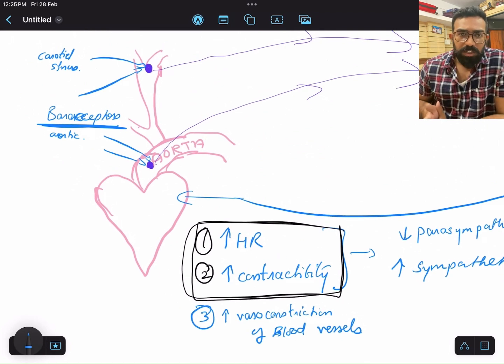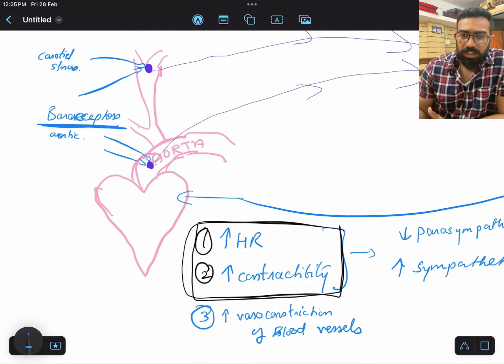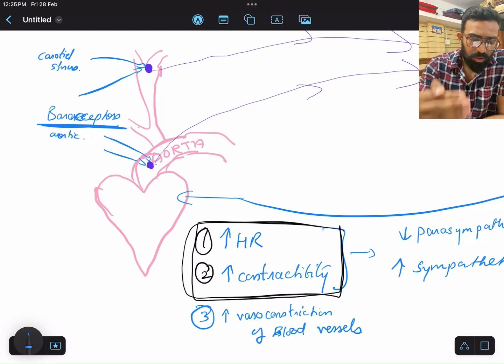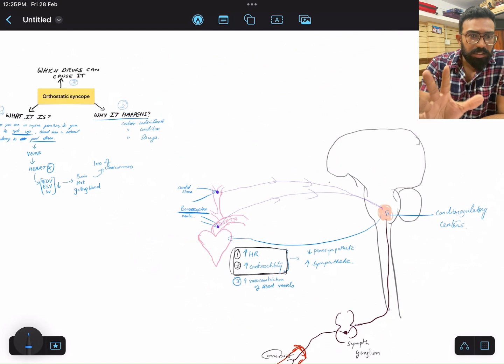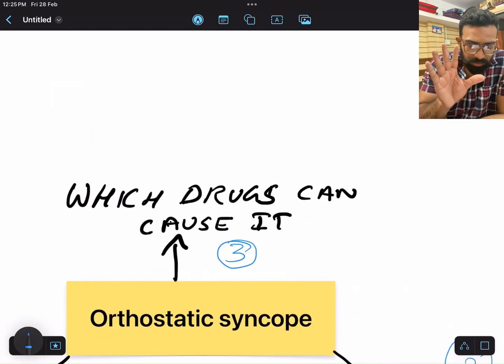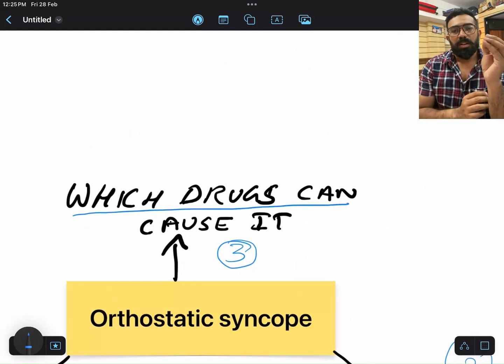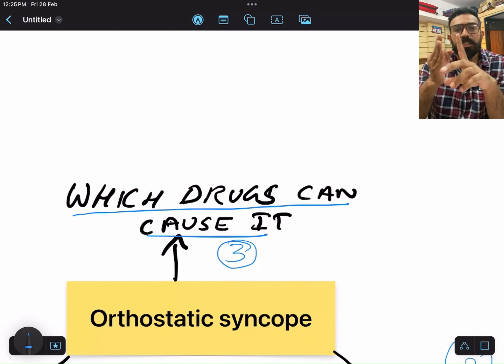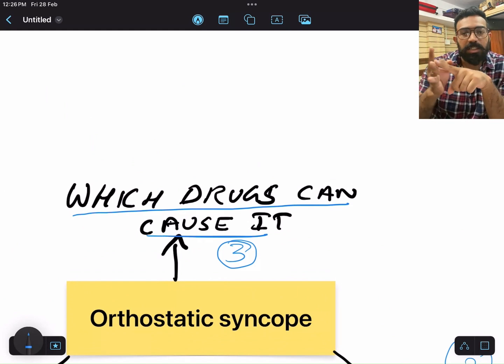Now we will quickly go to the drugs which can cause orthostatic syncope. Basically, I have told you that there are three mechanisms: increased heart rate, increased contractility, and vasoconstriction.